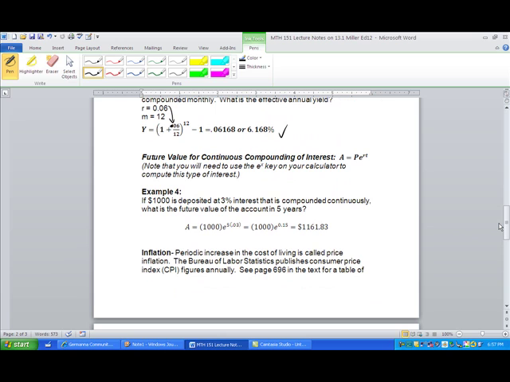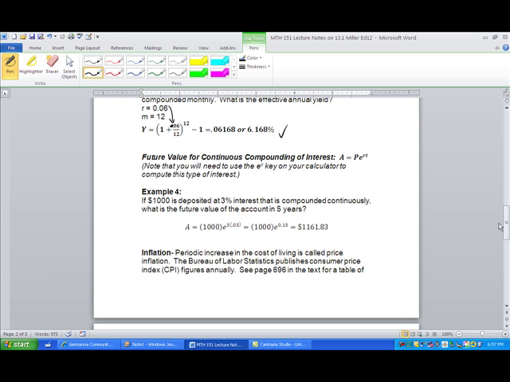Now, the other type of compounding, it is also possible for interest to be compounded continuously, and this particular calculation requires the use of the e to the x key on the calculator. E is what we call the natural exponential function, and it's something we study in pre-calculus and calculus, but you don't have to worry about that.